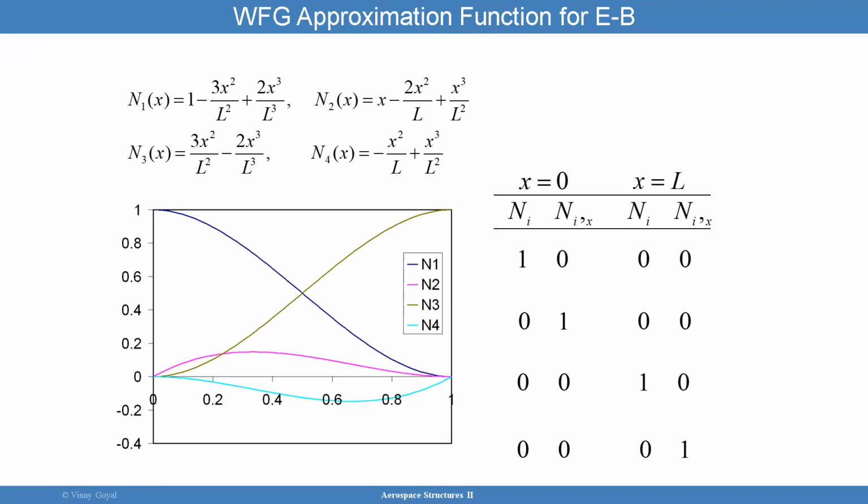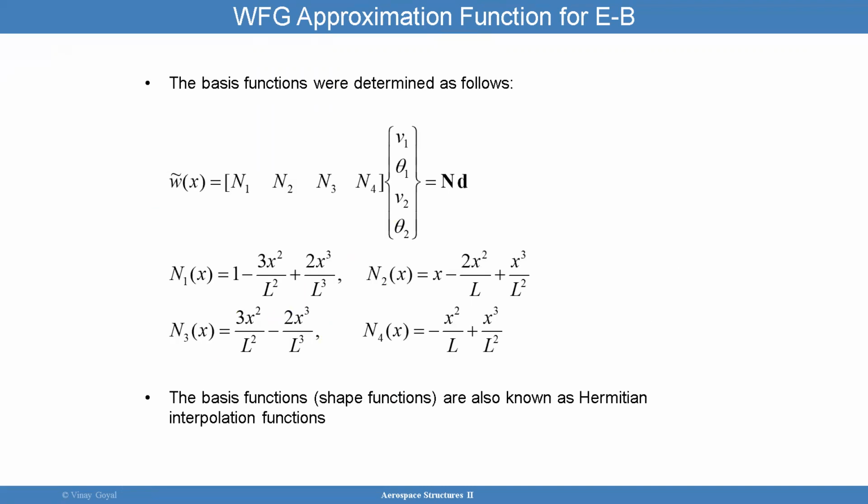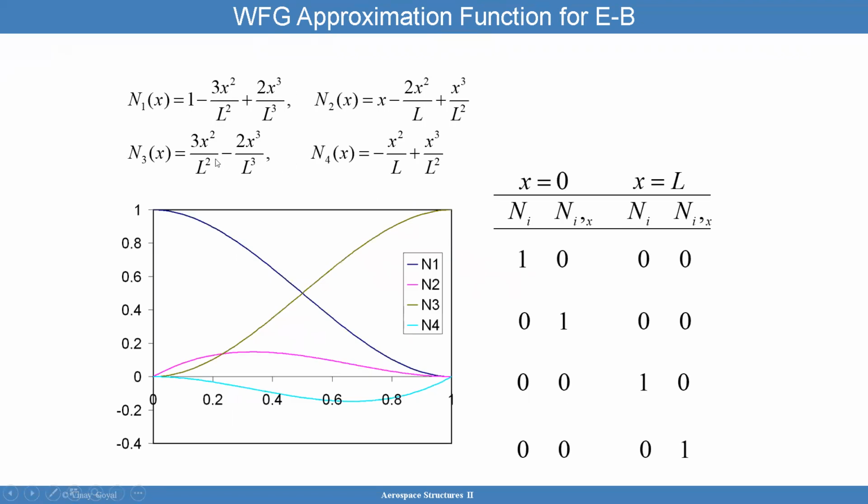Those are the two types of boundary conditions you can have for a beam: fixing the slope or fixing the deflection out of plane. So as a consequence, I have two unknowns at each end of the beam that I have discretized, and therefore I have four different functions I need to approximate the behavior over this element. And so what's typically done is that you use these four shape functions.